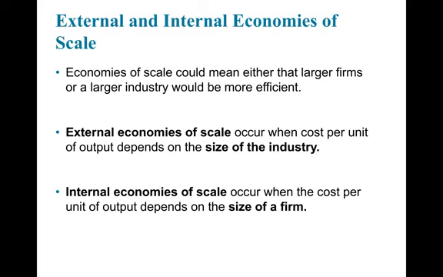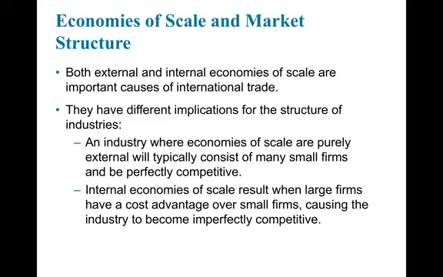For example, in steel production, it's reasonable to think that, at least in a large initial range, there are internal economies of scale, meaning that there are average cost reductions by concentrating production in a single firm. That is to be distinguished from external economies.